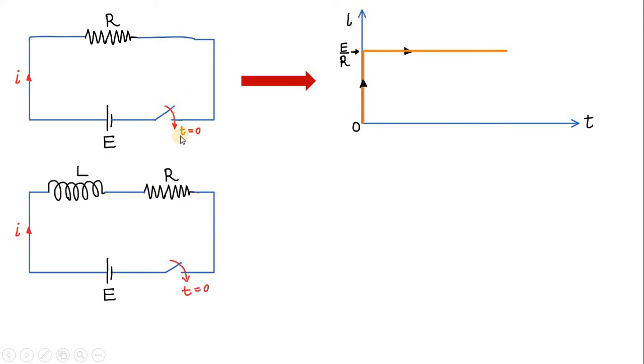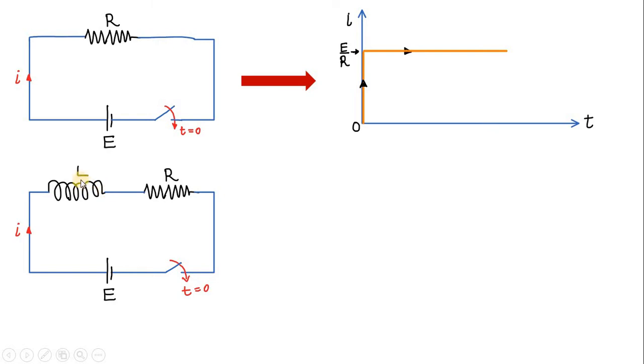So at time t equal to 0, as soon as we close the switch, the current immediately jumps to the value E by R. As per Ohm's law, the current in this circuit must be E by R, voltage by resistance. But how much time does it take? Immediately. As soon as you close the switch, the current in the resistor will begin to flow E by R, and after that it will remain constant.